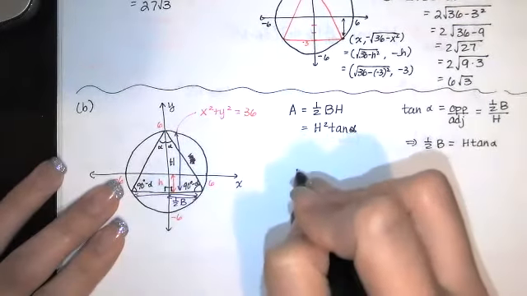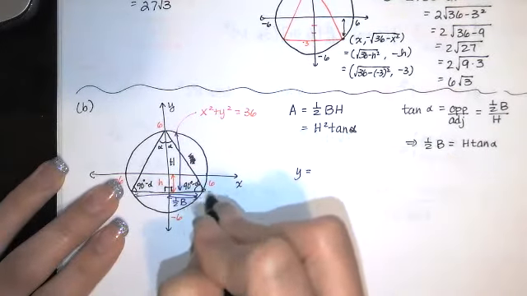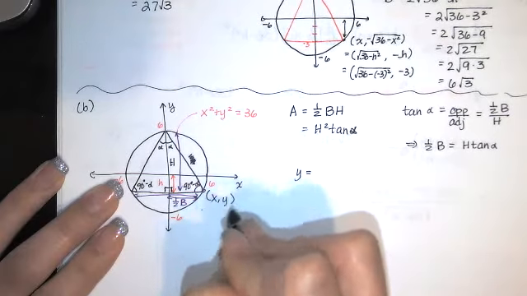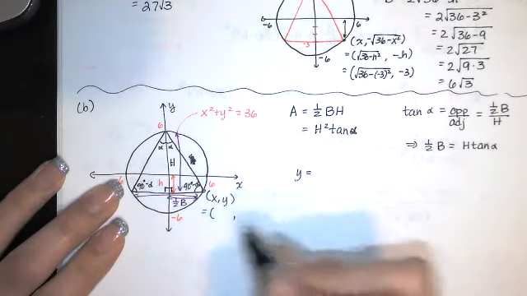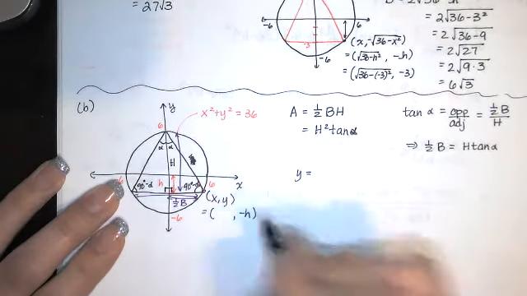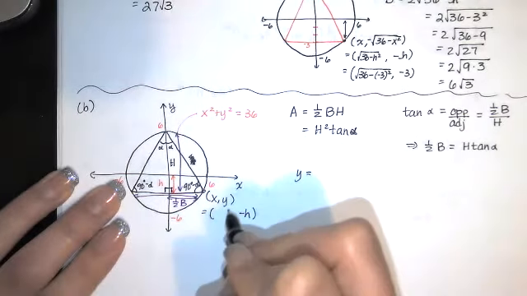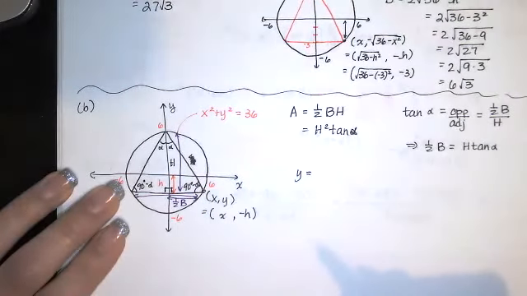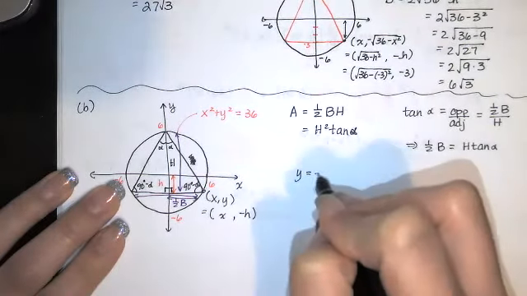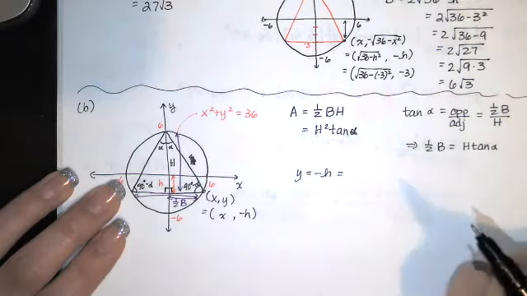the y value over here at this point, xy, that y value is equal to the negative h. It's the opposite of h. And x, I'm just going to leave as x for right now. So y is negative h.